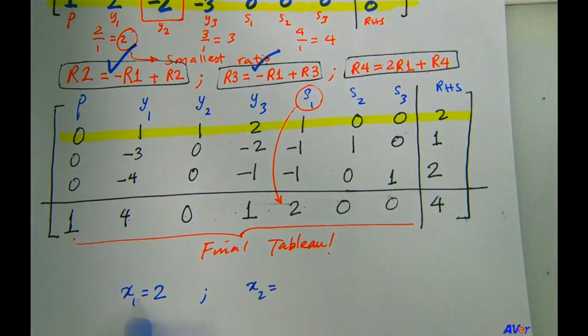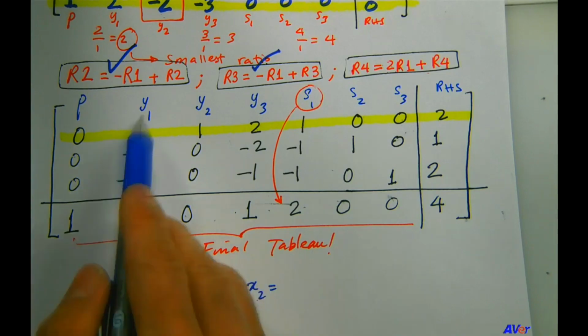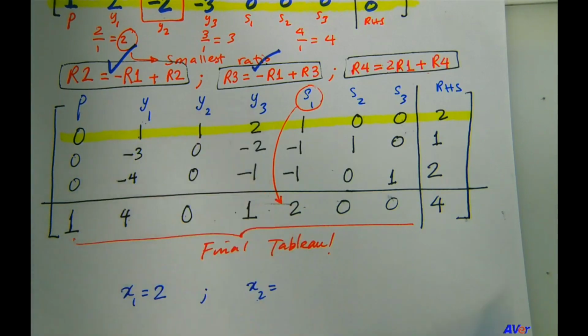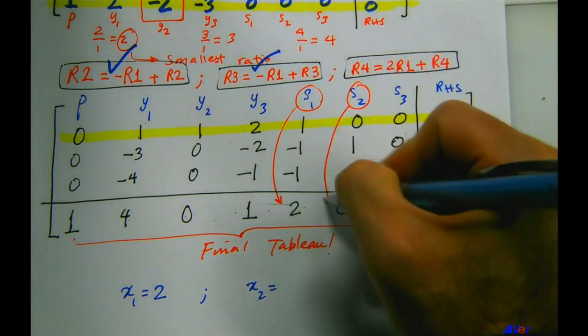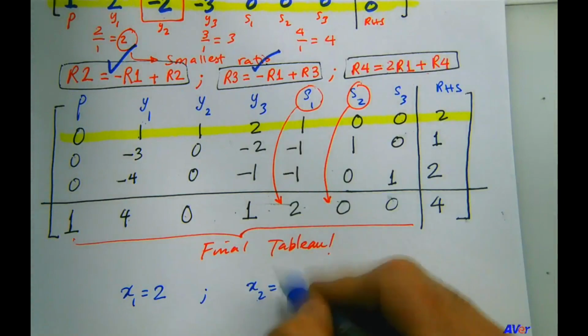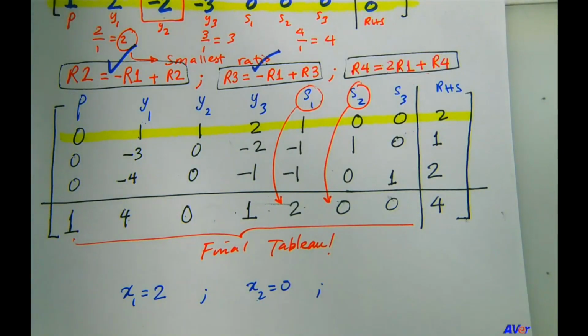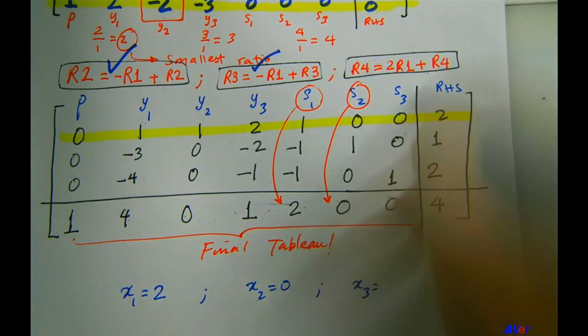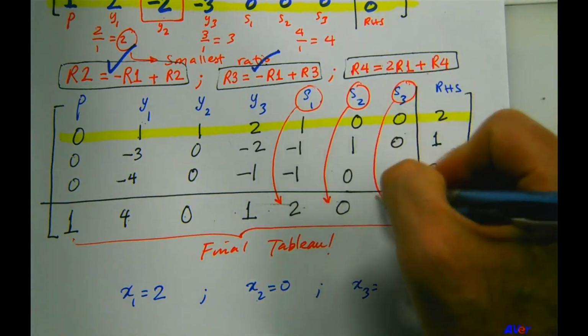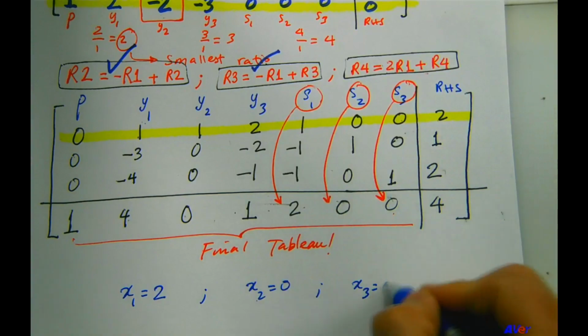These are the original minimum variables in the minimum problem, not y1, y2, y3. So x2 comes from S2, and it's 0. x3, of course, comes from S3, right? In the objective row, that's 0.